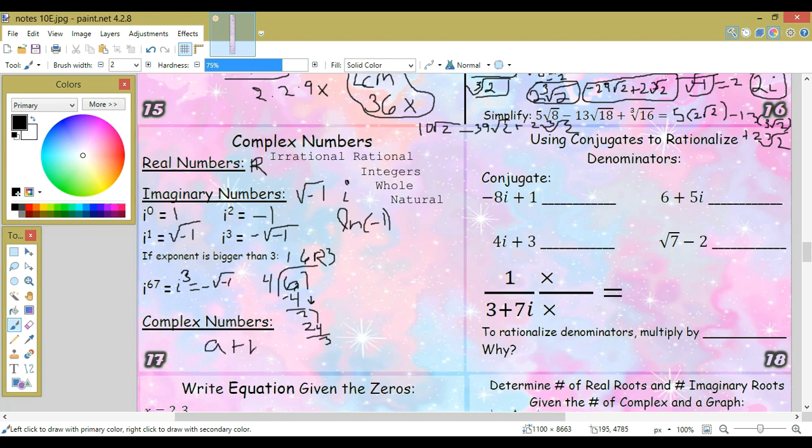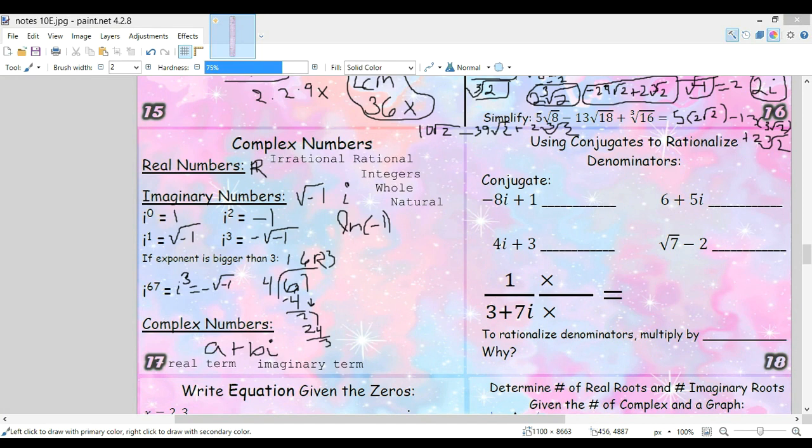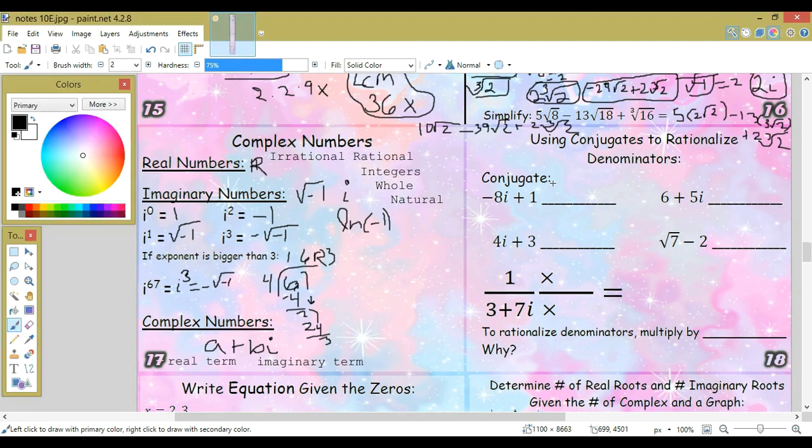and imaginary parts. On page 18, we use conjugates to rationalize denominators. So whenever you have a denominator, you don't want anything that's more than needed in the denominator. You only want whole numbers if possible. So let's say what the conjugates are.